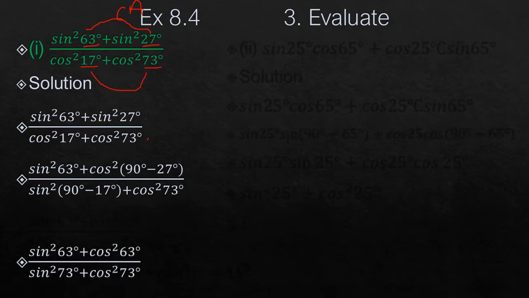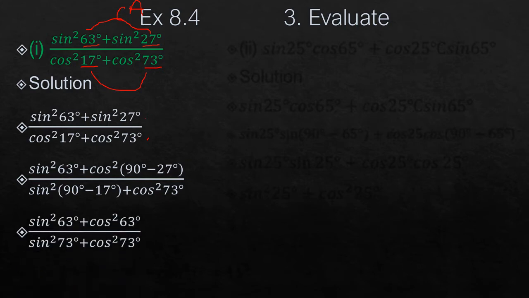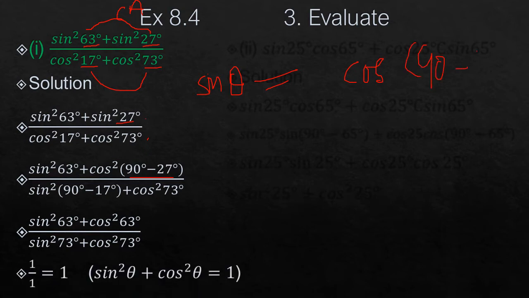Now, how do you write sine square 27 degree in terms of cos? You can write it as cos square of 90 degree minus 27 degree. How? As you have studied in the last exercise, sine theta is equal to cos of 90 minus theta. Right students? So we used this formula here.